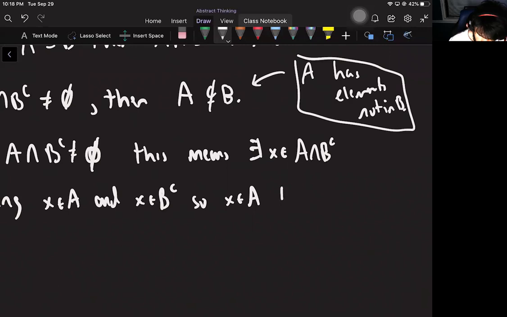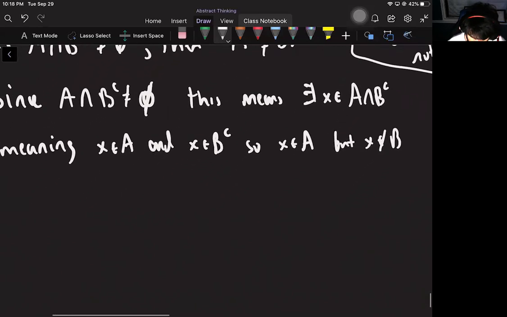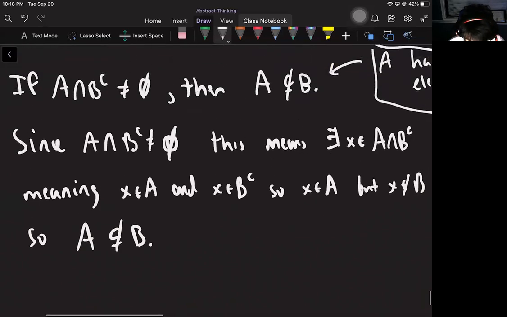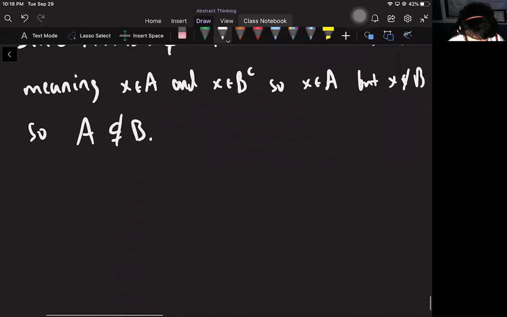It's not in B because it's in its complement, so it can't be in B. And that's exactly what it means for A to not be a subset of B. It's in A, but not in B. That means A has some stuff that B doesn't have, so it's not completely contained in B. So that's enough to say that A is not a subset of B. Okay, so that shows that 1 implies 2.